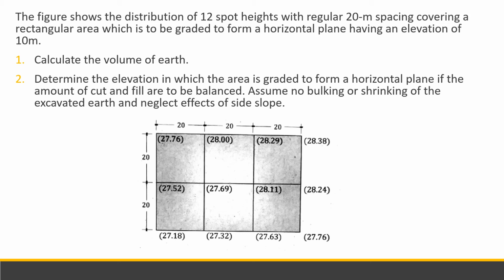So, corner first spot height is 27.76, 28, 28.29, 28.38. So since we will be finding the volume until elevation 10 meters, magsasubtract na naman tayo ng 10 meters in each elevation.